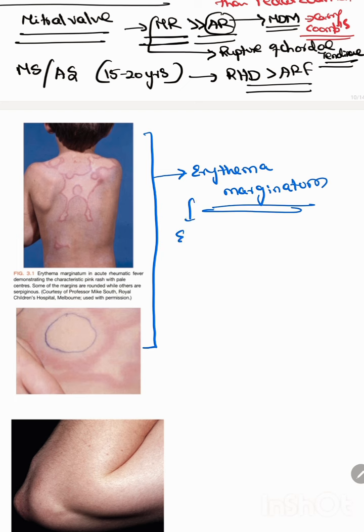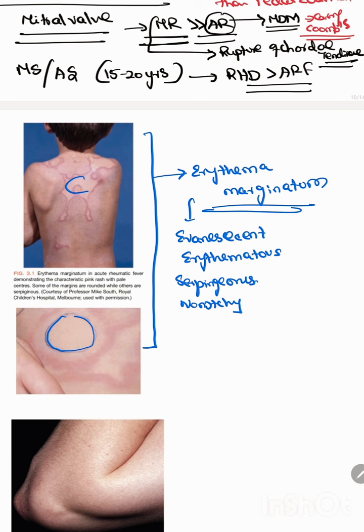They are evanescent, erythematous, serpiginous, non-itchy, and have a central clearing. They contribute up to 1 to 2% of manifestations.